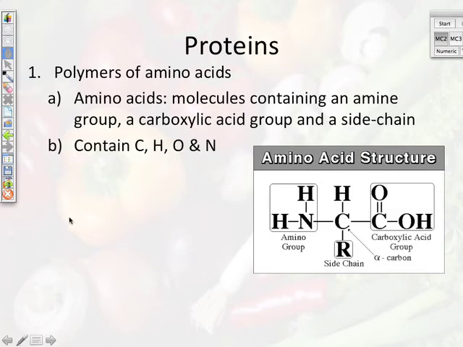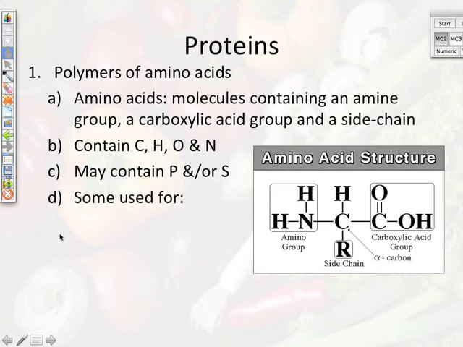Proteins will and must contain carbon, hydrogen, oxygen, and nitrogen, but they may also contain phosphorus and or sulfur. Sometimes proteins are used for protein biosynthesis.